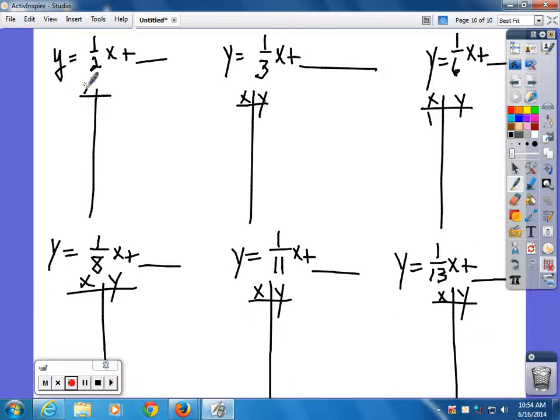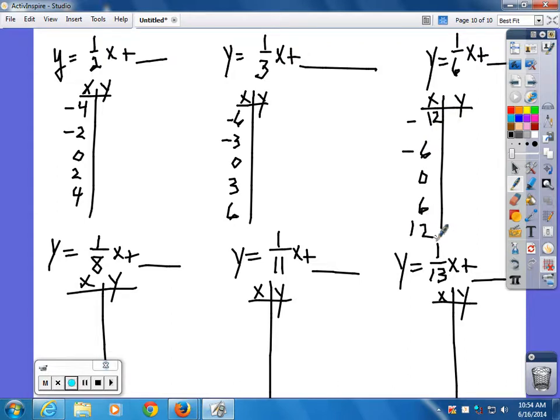So what multiples am I going to use with 1/2? I'm going to use multiples of 2, which would be -4, -2, 0, 2, and 4. What about 3? -6, -3, 0, 3, and 6. What about 6? -12, -6, 0, 6, and 12.